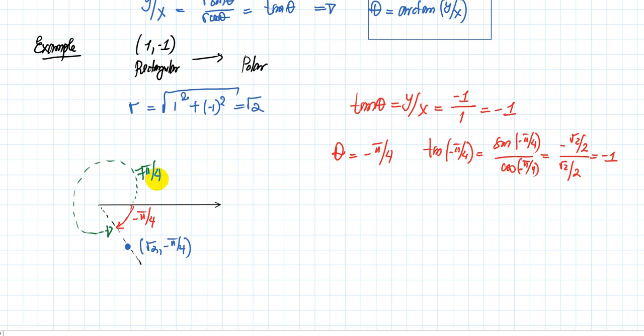So the same point can be represented with different coordinates, right? Square root of 2 and 7 pi over 4. Or, for example, you can just add 2 pi to the 7 pi over 4, and you're going to get, again, the same point, right? In polar coordinates, we can represent the same point with different coordinates. Okay? That's the conclusion.